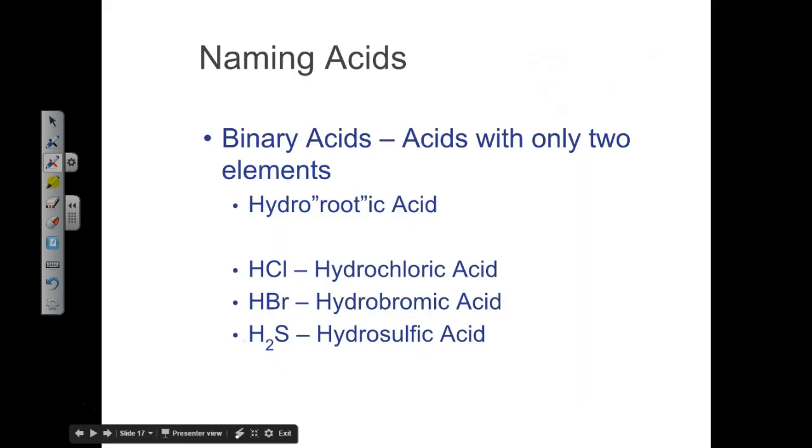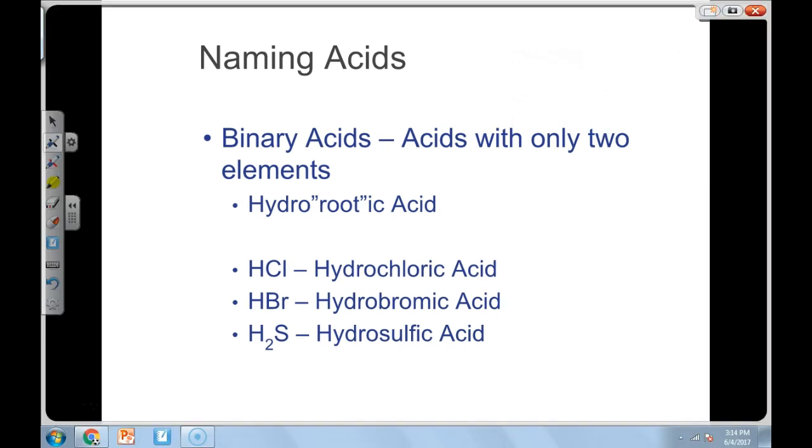Okay. So if you have a binary acid, and we're very familiar with these binary acids like HCl and HBr, the way that I would suggest you name these is hydro-ic acid, and it doesn't have to be capitalized.